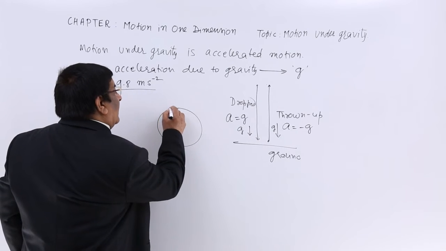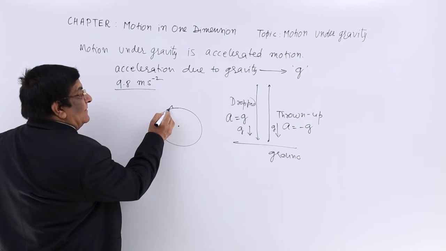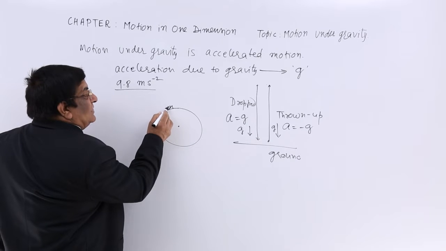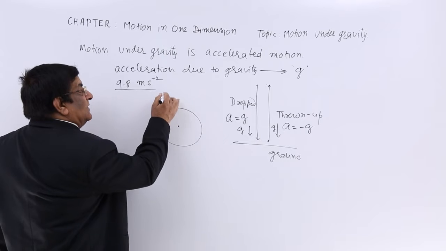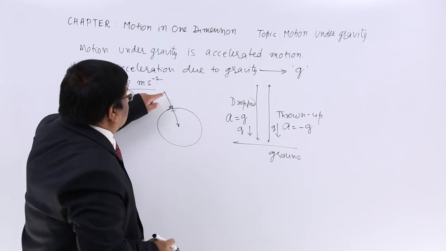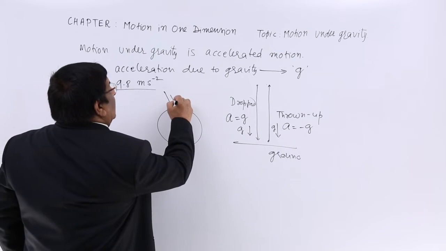Now here, if I have a hill like this and I stand on this surface, still g does not work perpendicular to this surface; g is always working towards the center. The direction joining any point to the center we will call vertical.